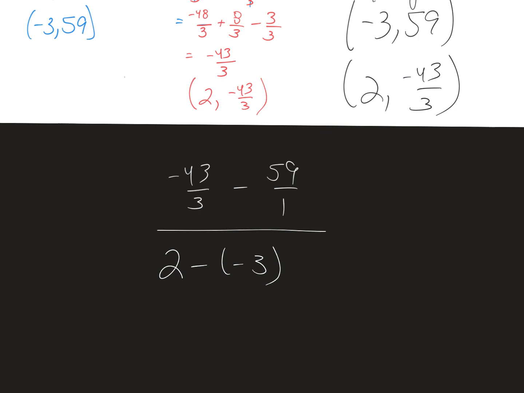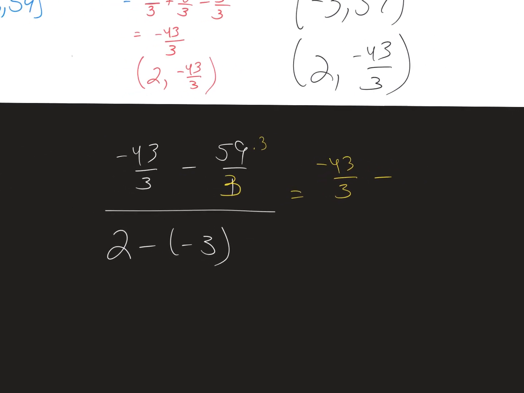I can't leave the fraction. I cannot combine them until I have a common denominator. So what's the common denominator between 1 and 3? 3. If I change the 3 here, that means I have to multiply the top by 3. So I have negative 43 over 3 minus, what's 59 times 3? 177. Okay.